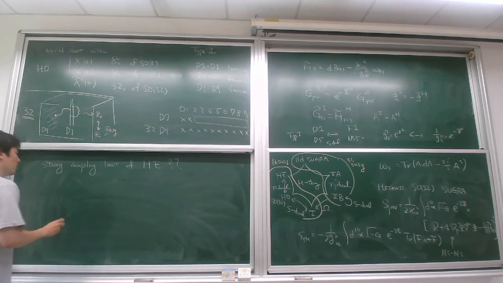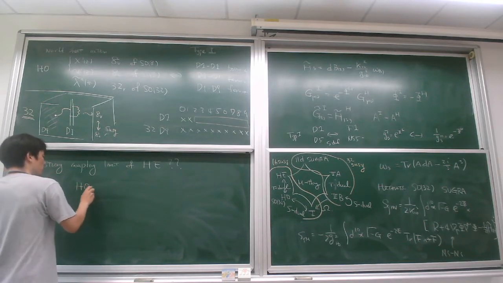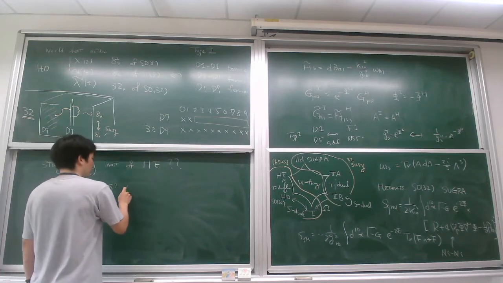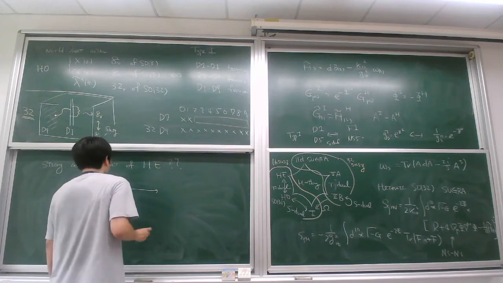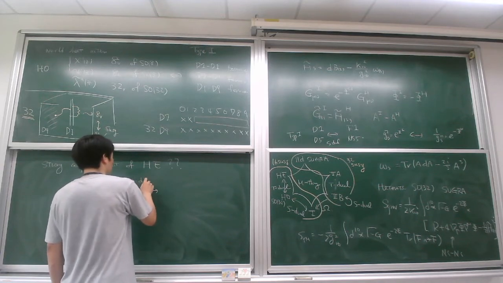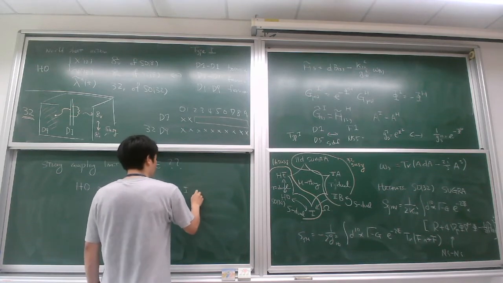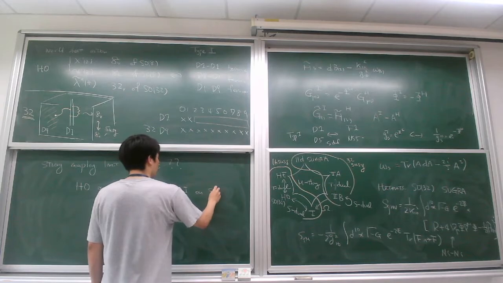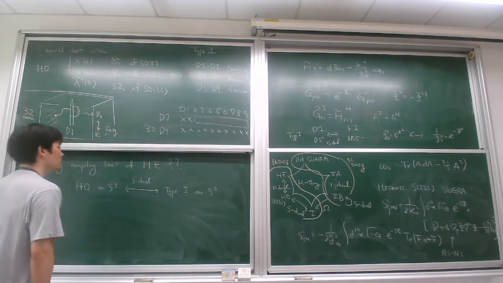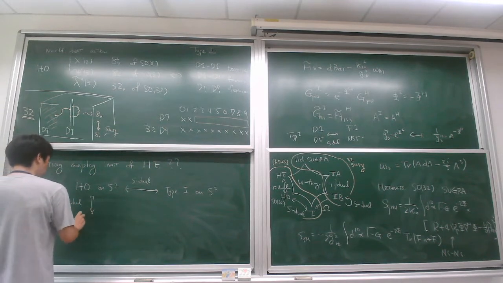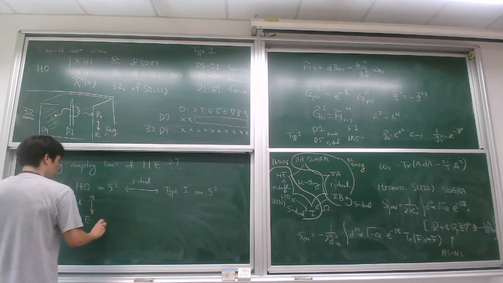So we know HO on S1 is T-dual to type 1 on S1. Okay, so that's what we already saw just now. And this is T-dual to HE on S1.